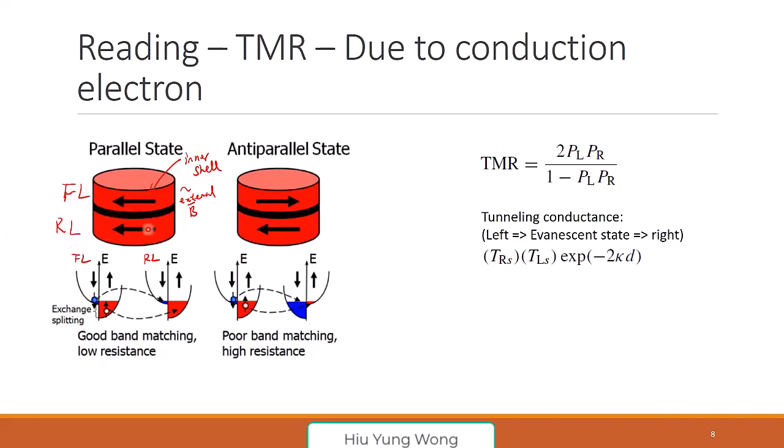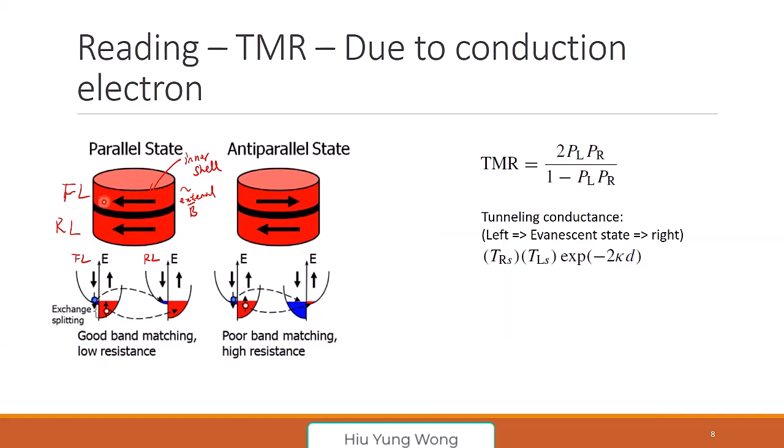They are in the parallel state because the magnetization is pointing in the same direction. Magnetization is due to the electrons that are not moving. It's just like an external magnetic field. So anyway, you think that I have a magnetic field pointing to the left in the reference layer. I also have a magnetic field pointing to the right in the free layer.